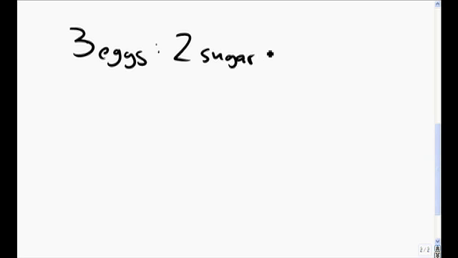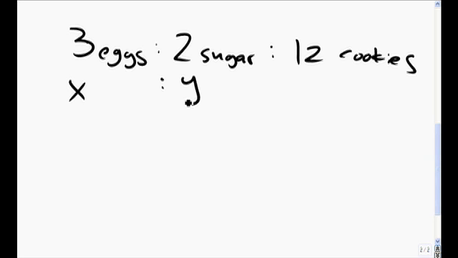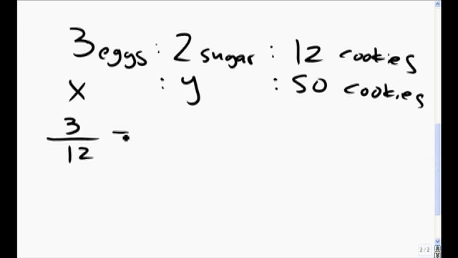Grandma's cookie recipe calls for 3 eggs to 2 tablespoons of sugar, which generates 12 cookies. If we let x represent the unknown quantity of eggs, y represent the unknown quantity of sugar, for 50 cookies, we can create a proportion that relates the 3 eggs to 12 cookies equal to X eggs to 50 cookies.